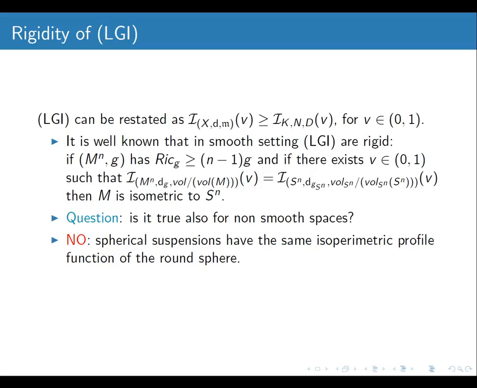So you take a non-smooth space as a quotient space of this spherical suspension, and if you make the computation, you see that spherical suspensions have the same behavior as the sphere. But the next question was: can you prove that these are the only cases where this identity holds? And actually the answer was yes.